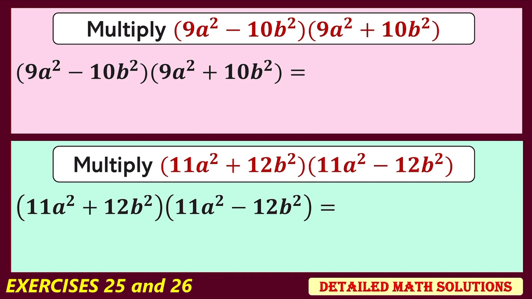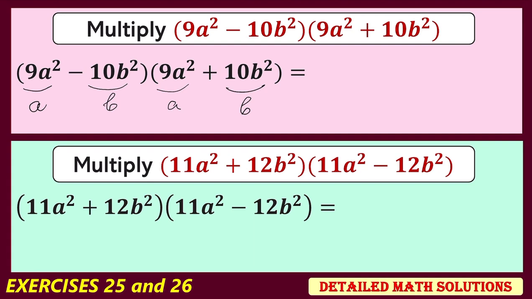Next exercise, multiply 9a squared minus 10b squared in parentheses and 9a squared plus 10b squared in parentheses. Again, the first term 9a squared will correspond to the a in the formula, and 10b squared will correspond to the b in the formula.